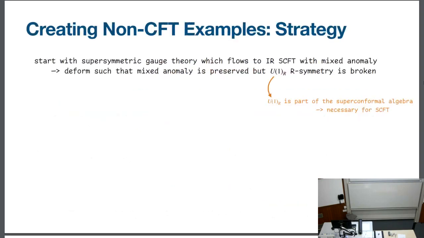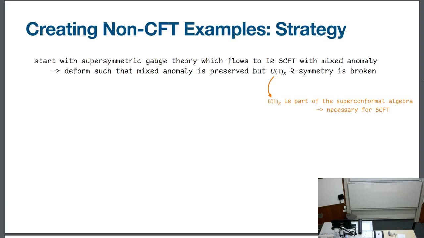So what we do is we start with a supersymmetric gauge theory, where it has a weakly coupled UV where we can compute some anomalies. We assume that those theories flow in the infrared to some superconformal field theory, also with a mixed anomaly. And then we ask, can we do a deformation of that theory, which preserves the mixed anomaly, but breaks, in this case, the R symmetry?